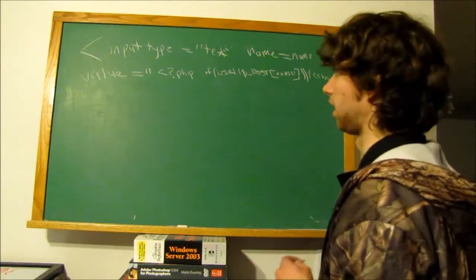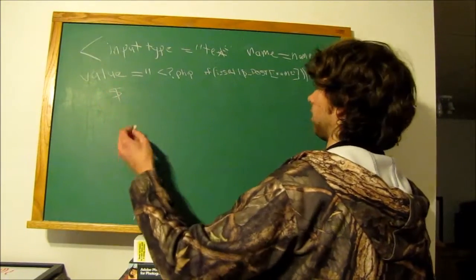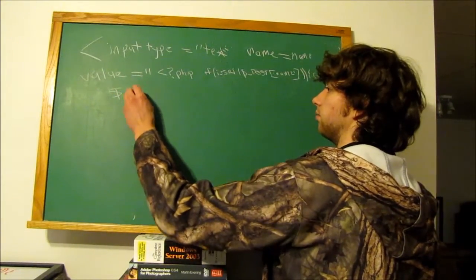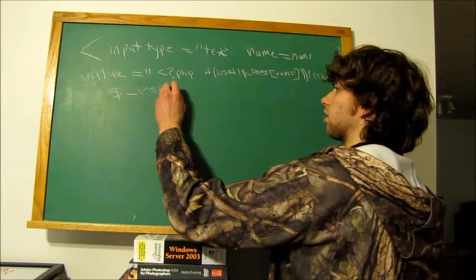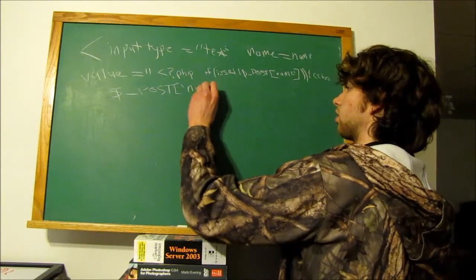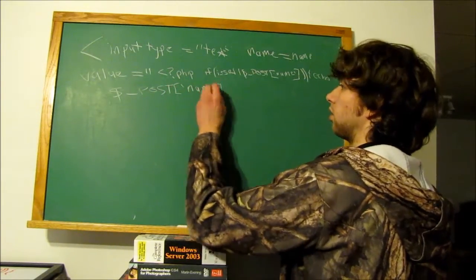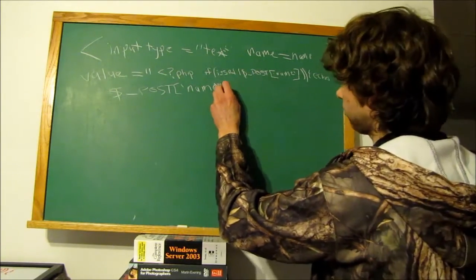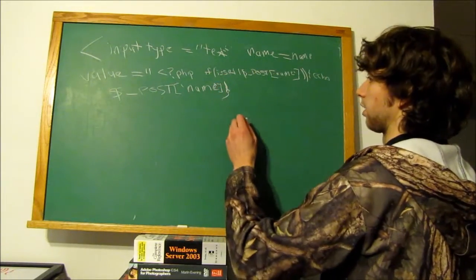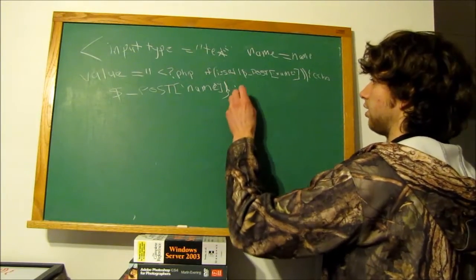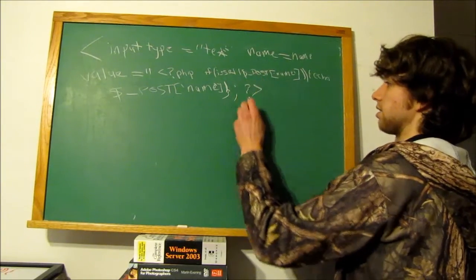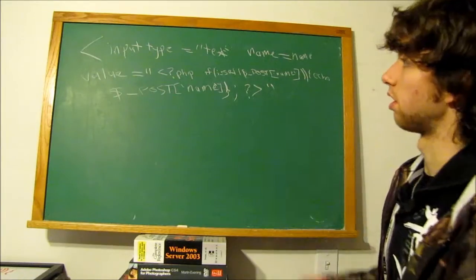We can do this all on one line if you have room, but we don't, so we're going to go down here. And then we can close that curly brace, and then we can end our PHP as so. And then we can close our value.